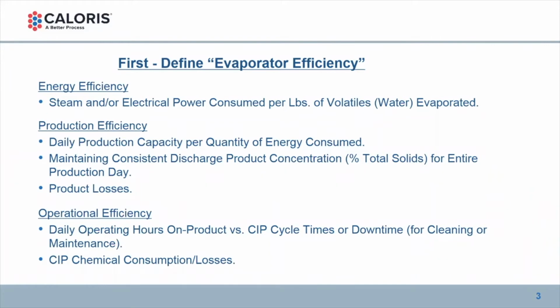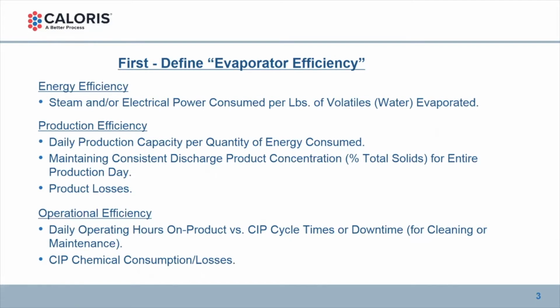And then operational efficiency. How many hours a day are we remaining online versus CIP time or downtime for cleaning? And what are your chemical consumption costs and your losses? So those are multiple ways of defining what truly makes an efficient evaporator process.